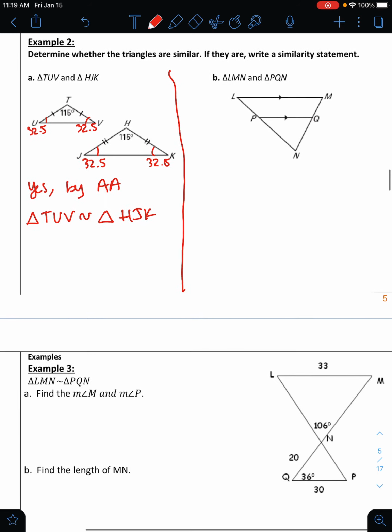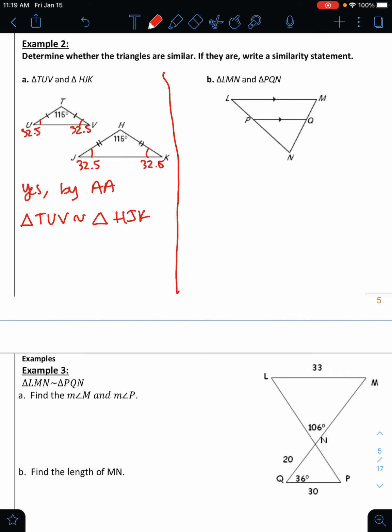Okay, number 2. I have a reflexive angle. I've got angle N, that's a part of PQN, and the same angle N is a part of LMN. So I'm just going to say angle N is reflexive. I also have corresponding angles, and I have a couple sets, but I'll just mark these two.